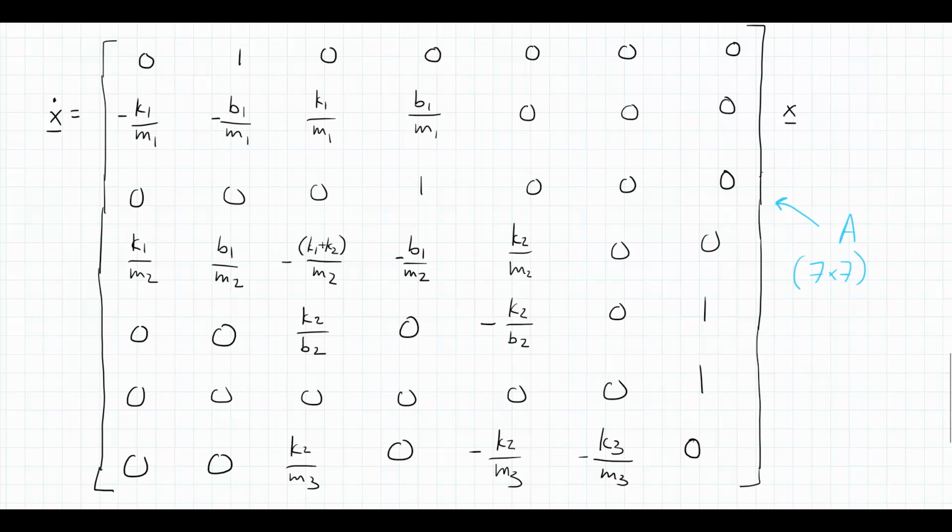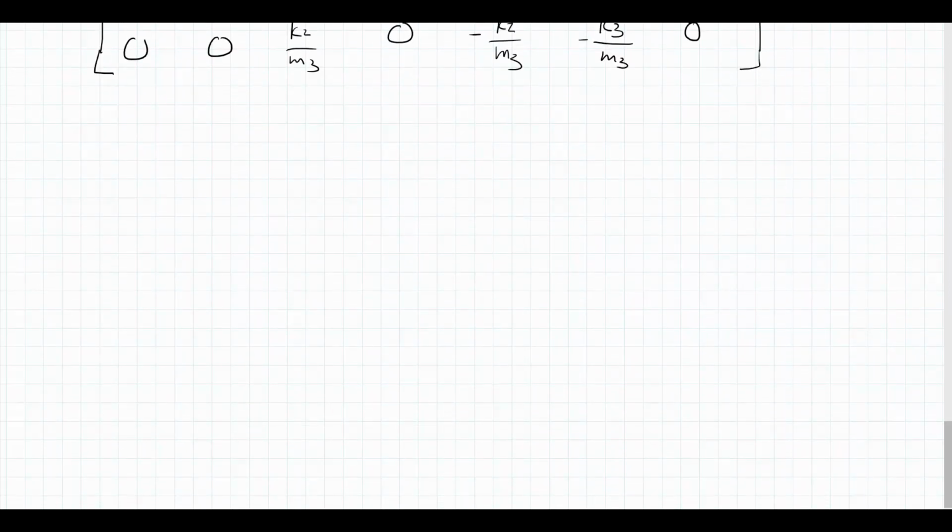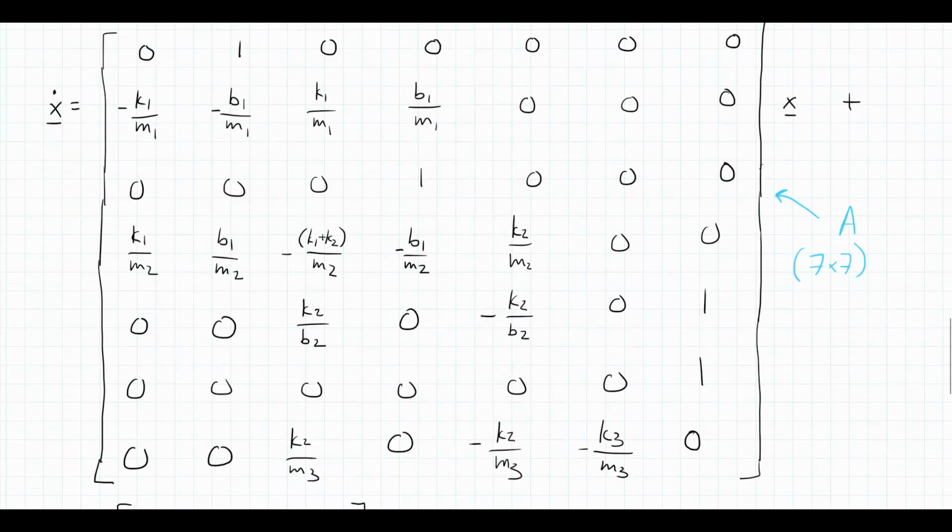Let's look at the B matrix. So this will be plus our B matrix times U. Start it down here. All right, so this will be quicker to do, but same thing, let's go back to those equations.